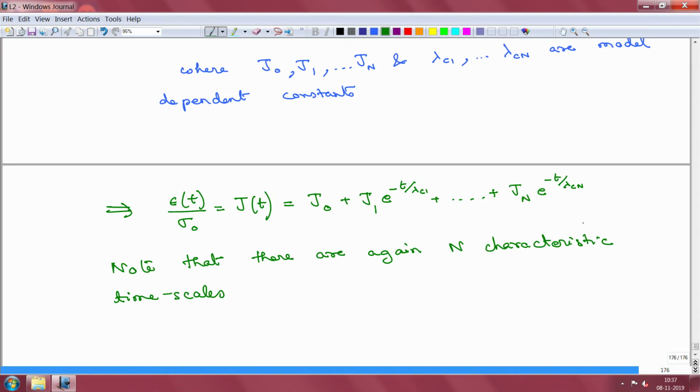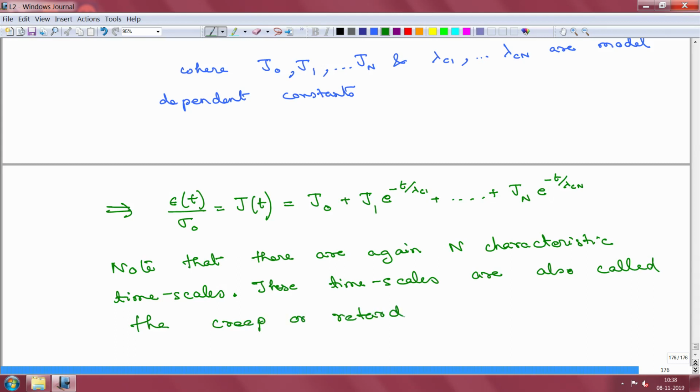There are also n of them, but they are different. These time scales are also called the creep or relaxation or retardation time scales.